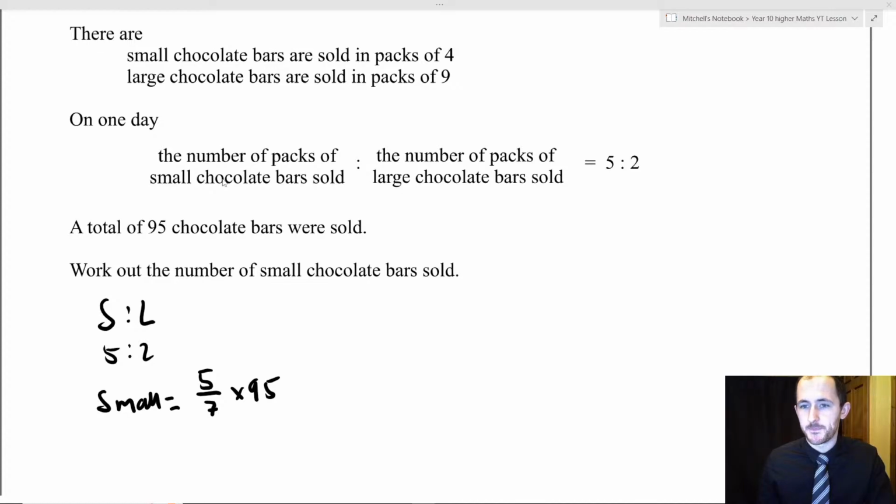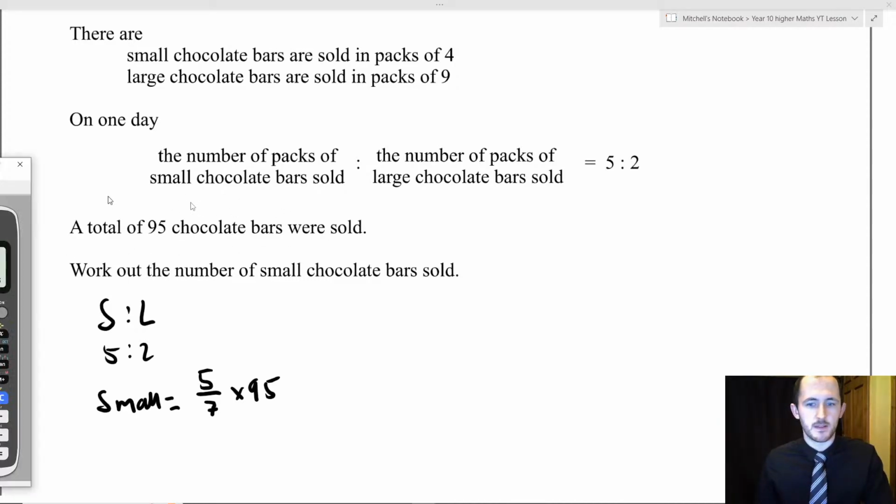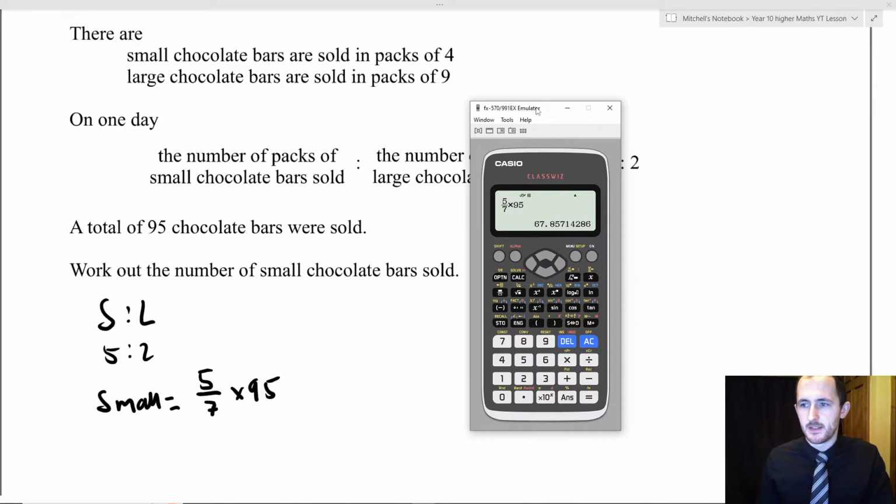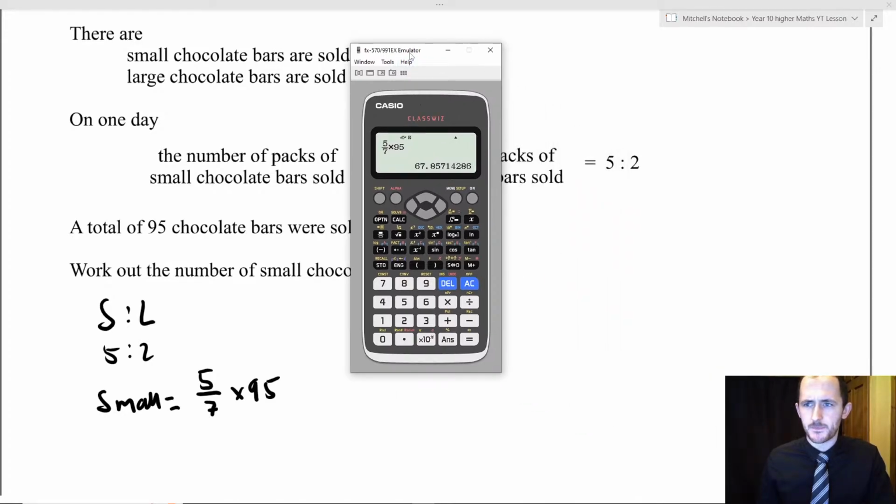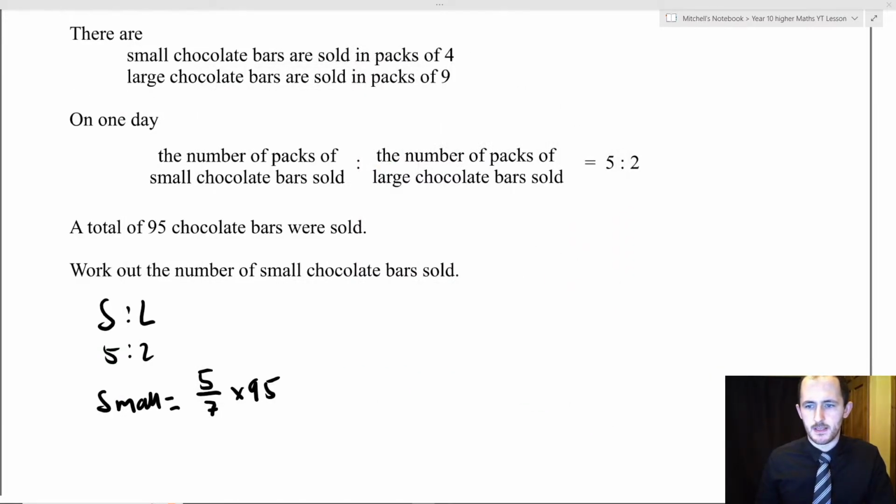So this is the number of chocolate bars, not the number of packs. So on one day is the ratio of the packs. Okay, but we're saying a total of 95 were sold. So that is going to be fine. So we get a pretty hideous number. But what we can do is, if we write the whole thing out, right, then all we need to do is times that by the number of chocolate bars. Okay, and that will be the answer for that one.